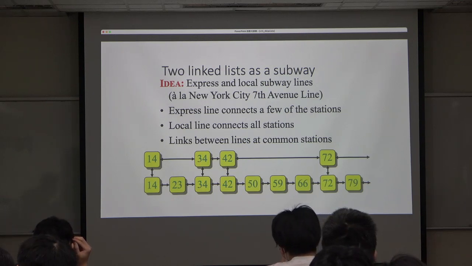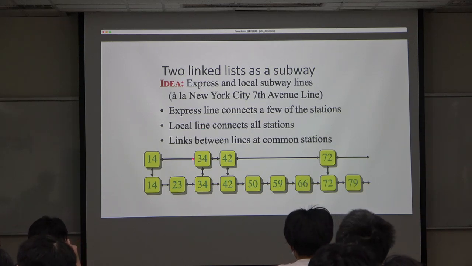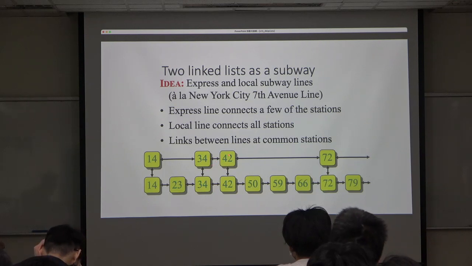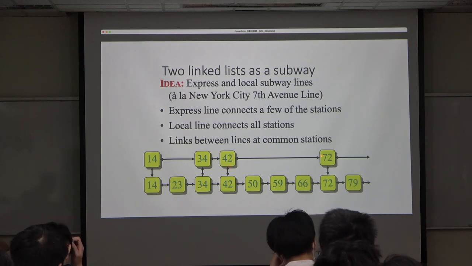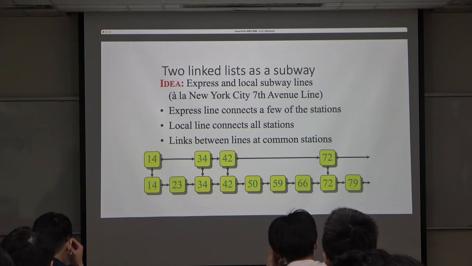But I was talking about 69, so 34 is also smaller than 69. You go to the next one. It's 42. It's still smaller than 69. And the next one is 72. 72 is larger than 69, right?